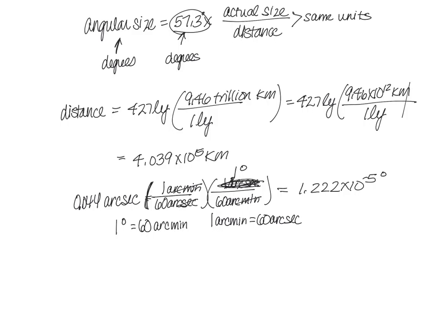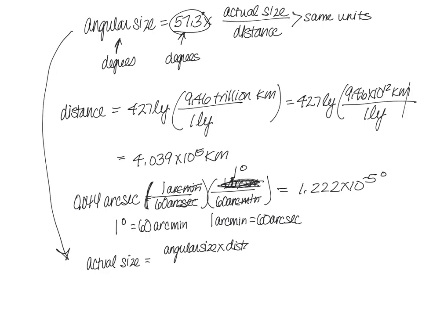All right, so now I'm going to rearrange this expression up above so that I can solve for the actual size. If we rearrange this, it would be equal to the angular size times the distance divided by 57.3 degrees.